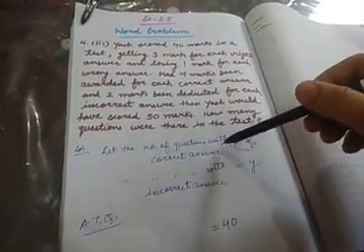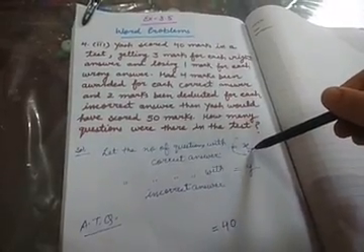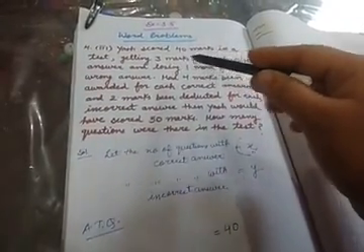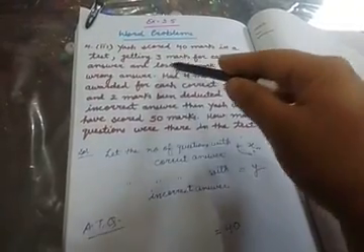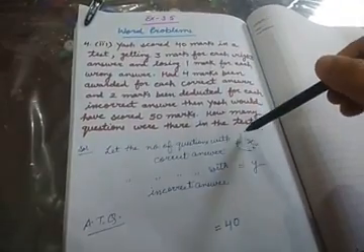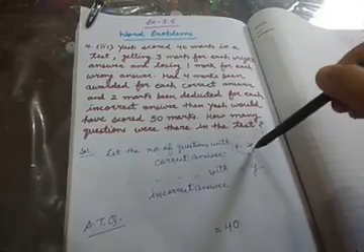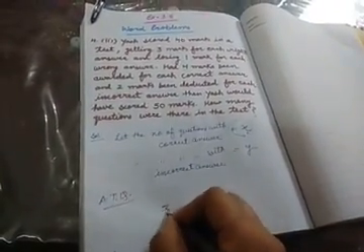So the number of questions with correct answer is x, and the marks for each correct answer is 3. So the total for correct answers will be x into 3. That means marks for correct answers is 3x.